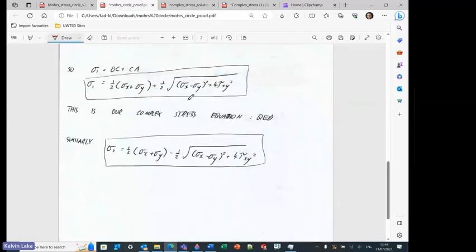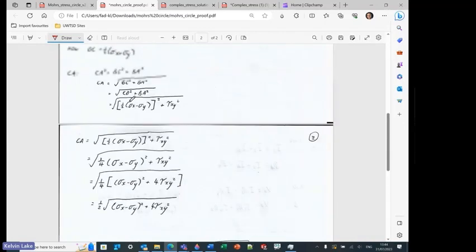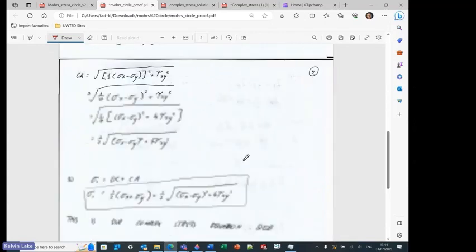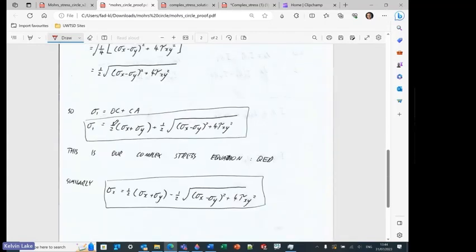Let's actually use Mohr's Circle using those 6 steps that we've talked about to construct a Mohr's Circle. We can then read information from that circle, which is shown here. For example, sigma 1, this position here, is exactly the same as using that equation there.